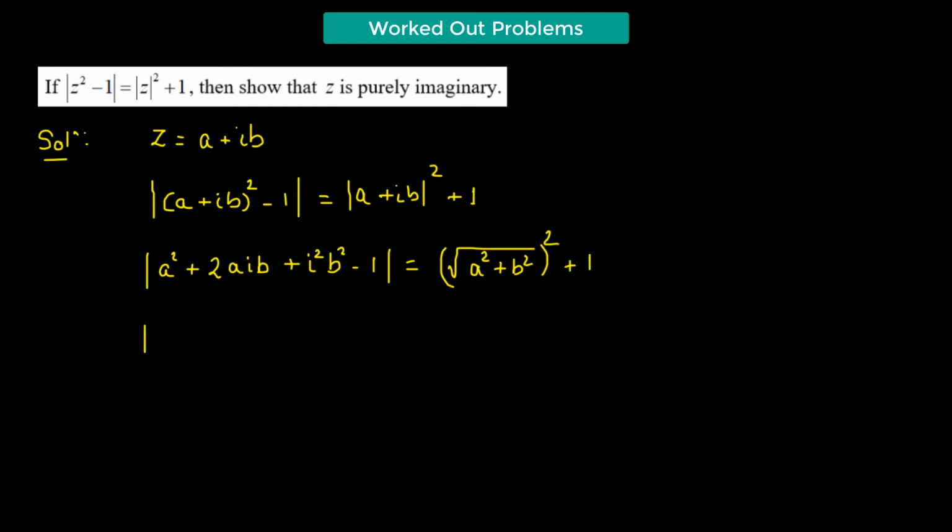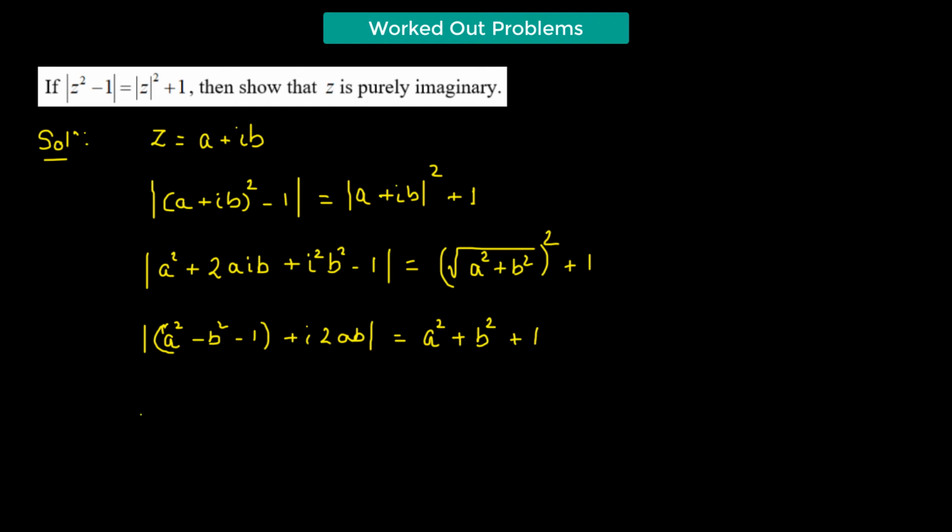Then we combine the real parts, so we have a squared. Now i squared b squared will become negative b squared since i squared is negative 1, and we have minus 1. So this will be the real part, plus i times 2ab will be the imaginary part. Square root of a squared plus b squared whole squared would give us a squared plus b squared, and we have the plus 1.